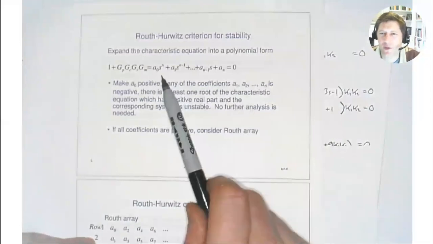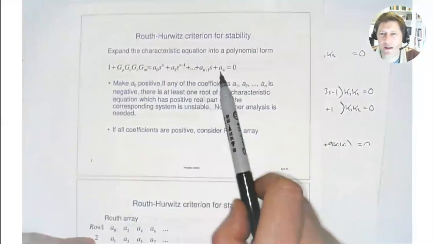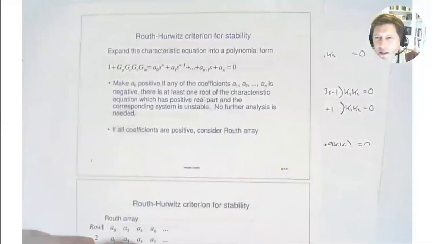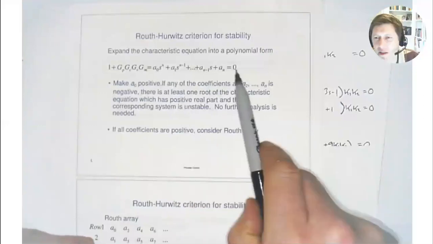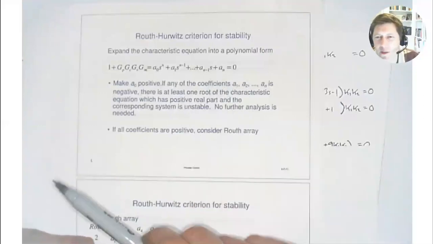Starting point is to check each of these, a0, a1 to an. If any of those are negative, then you know straight away that you're going to have at least one positive real part in your roots, and so therefore it would be unstable. If all of these are positive, then that's a good starting point, but it's not the end of it. It means that you might be okay, but you don't know yet.